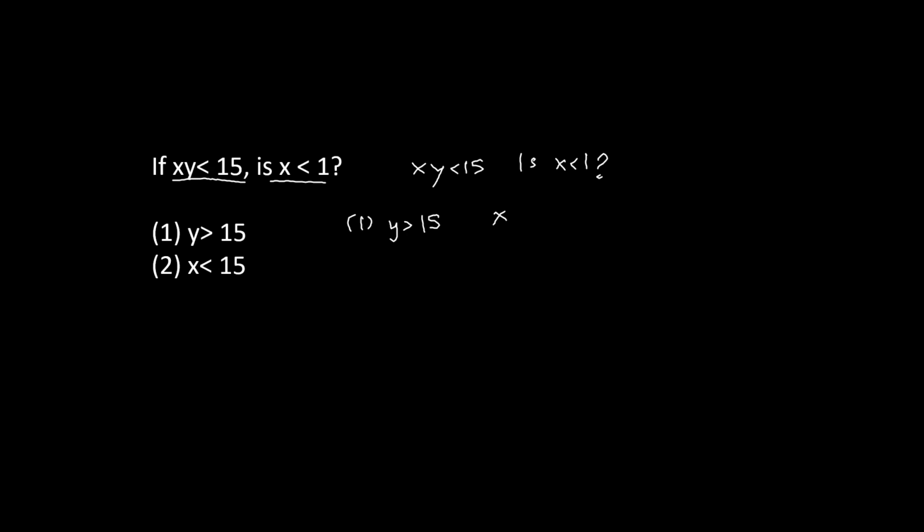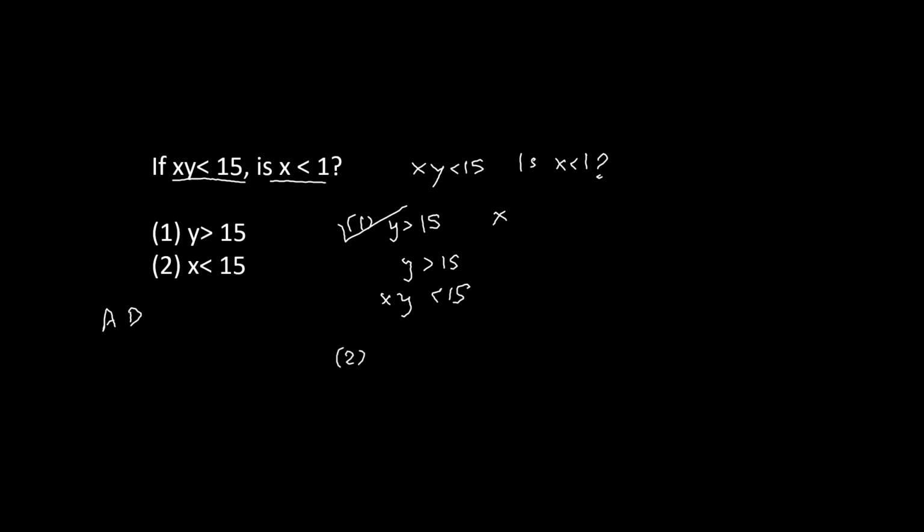This is where you have to use algebra, right? Because numbers to disprove, algebra to prove. Why is that? Y is greater than 15, so the only way to have x into y less than 15 is if x is less than 1. I don't need to write it down, but I think that's obvious. So this is sufficient. It's either answer option A or answer option D.